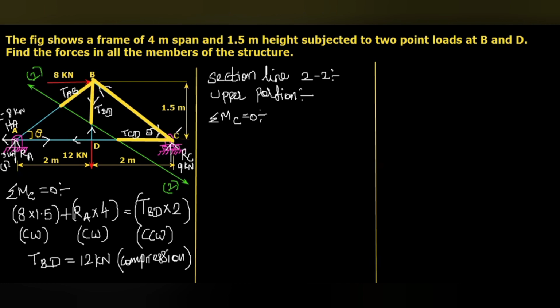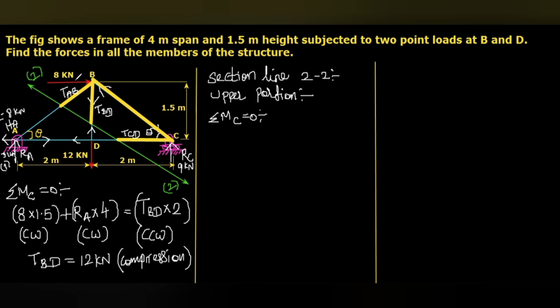When I take moment about C, this TCD is a horizontal force whose line passes through the point C, and the upward force RC acts exactly at point C. So the moment made by these 2 will be eliminated. Then the remaining 3 forces, we have to consider the moment due to these 3 forces.